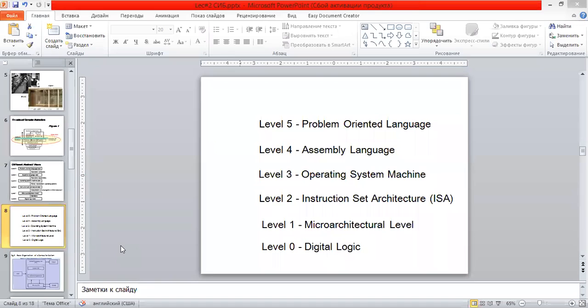So next level, operating system machine, provides a convenient interface between assembly languages and abstraction of the hardware architecture's instruction sets.